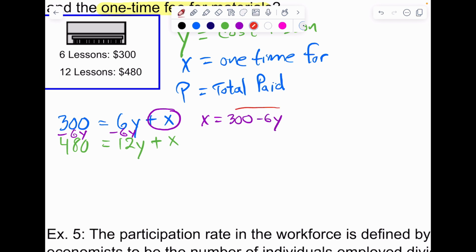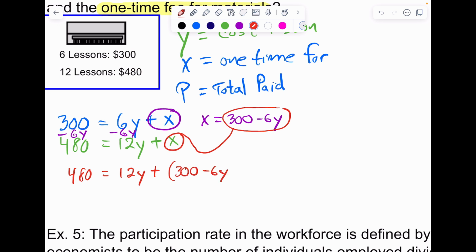I'm going to take that value of X and literally plug it in to the X of the other equation, giving me 480 equals 12Y plus X, which is 300 minus 6Y. I'm going to add like terms of 12Y and negative 6Y.